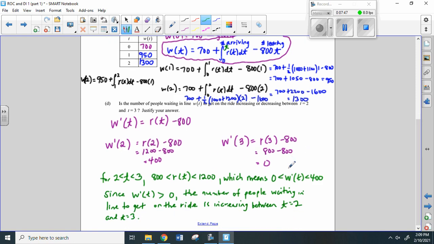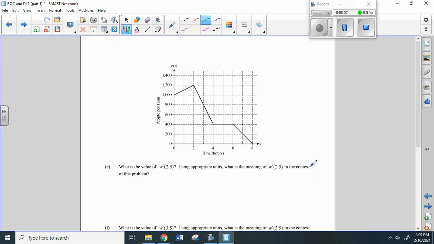In fact, I know that number is between 0 and 400 because I worked out these two ends. And since W prime of t is positive, because it's between 0 and 400, then we know the number of people waiting in line to get on the ride is increasing between those two times. Okay? All right, let's keep moving.